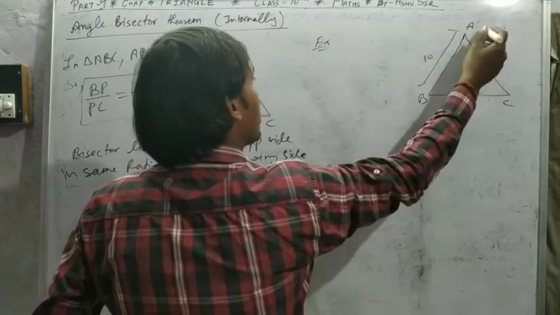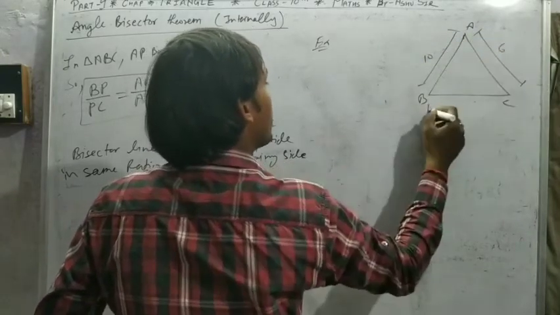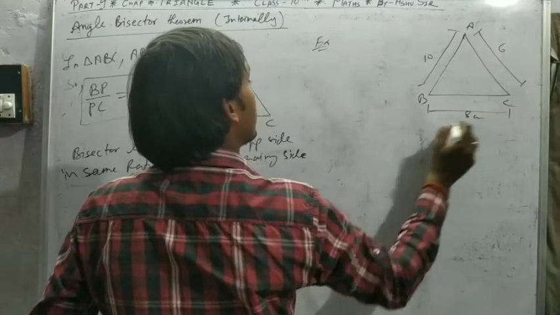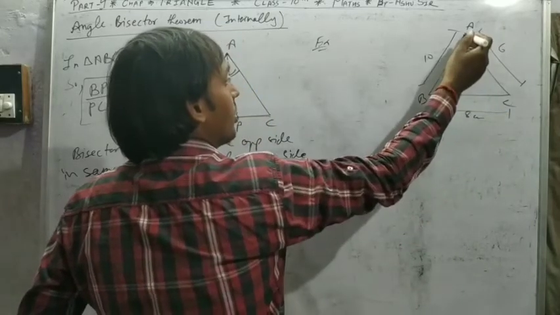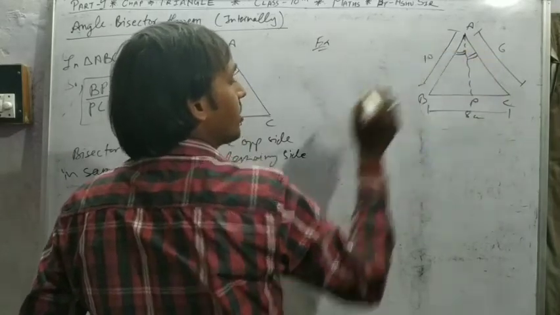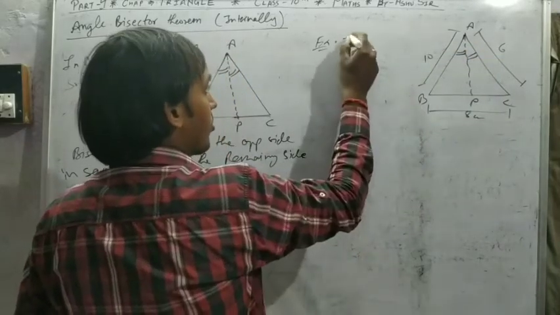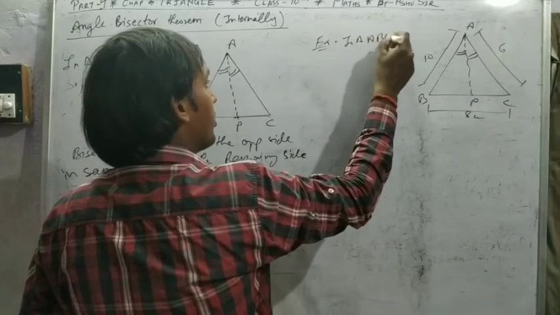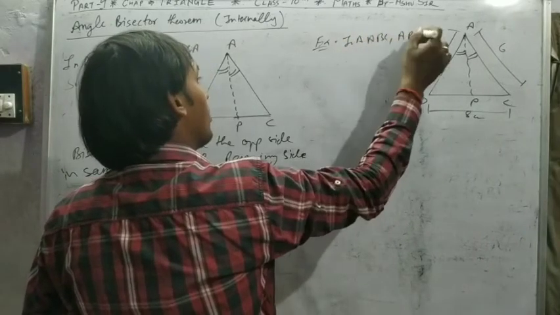suppose this is 10 centimeter, this is 6 centimeter, this is 8 centimeter, and AP bisects angle A in triangle ABC.